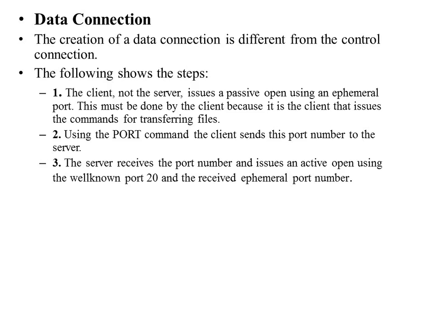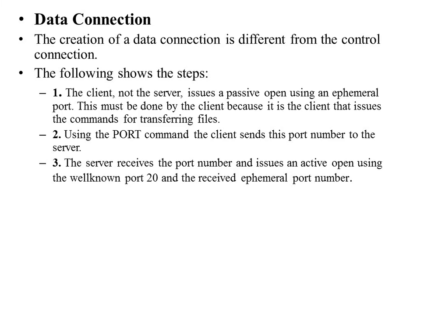The control connection simply uses the command and the response, but the data connection differs because of file size, file type, directory structure, file structure and file extensions. The following steps are used. The client, not the server, issues a passive open using an ephemeral port. We have already seen that port 21 and port 20 are utilized for this type of application. This must be done by the client because it is the client that issues the command for transferring the file.